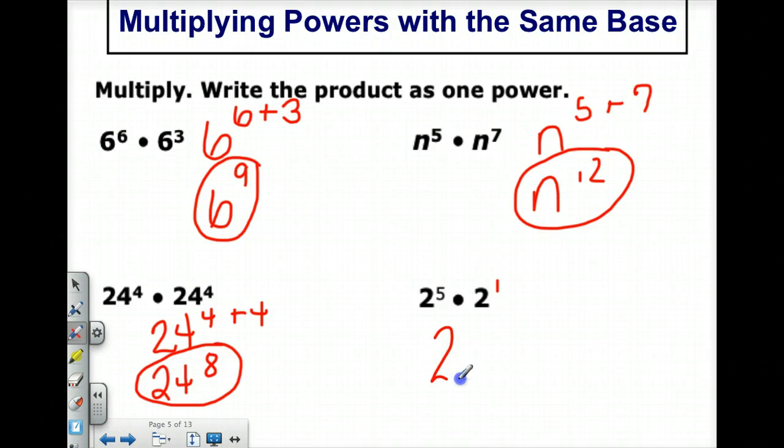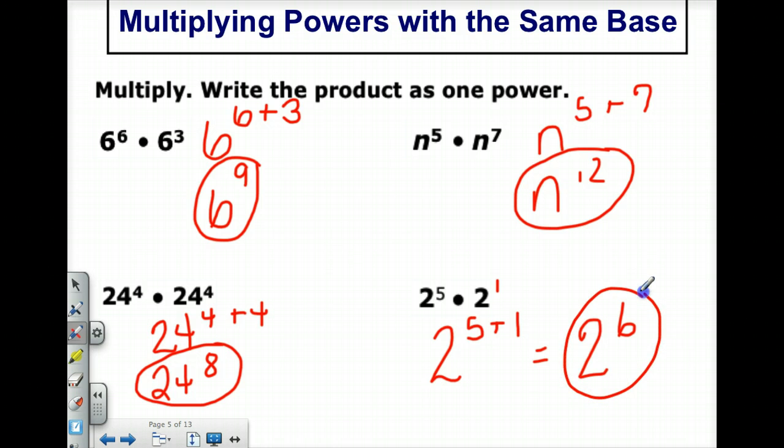So the base is 2, and let's add our exponents. 5 plus 1 gives us 2 to the 6th power. That's multiplying powers with the same base.